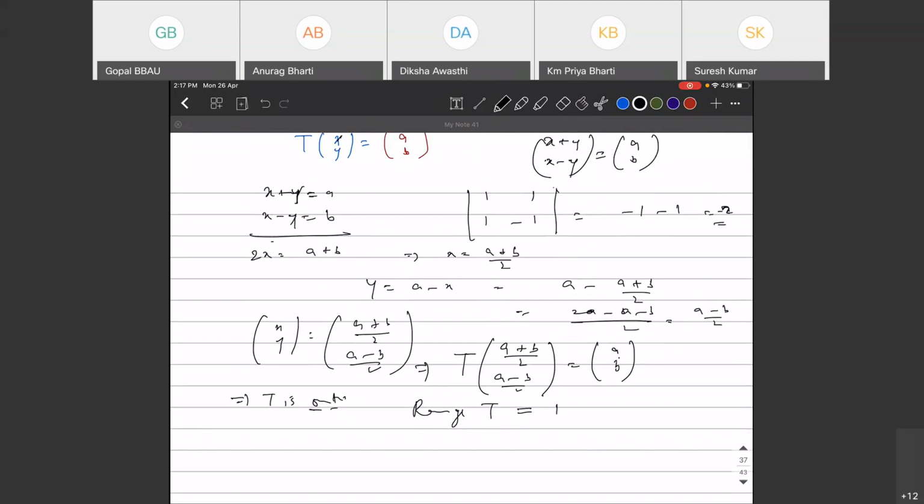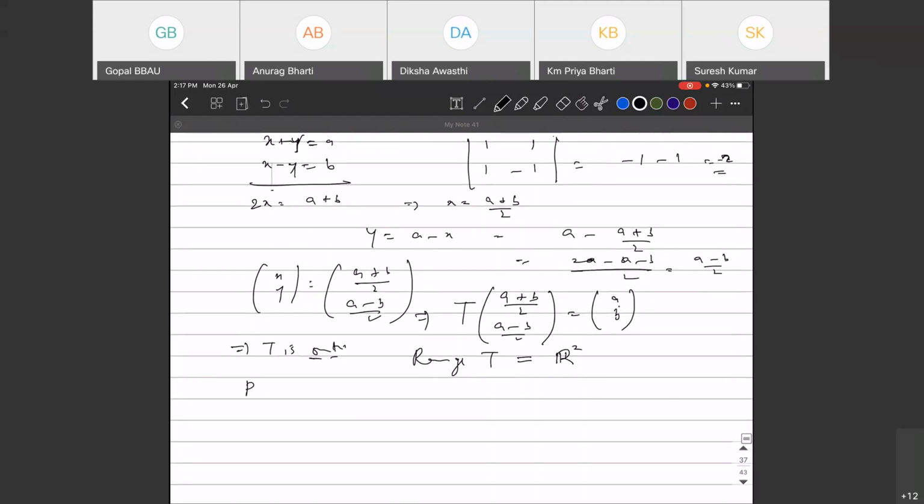R2, because R2 is the codomain. Okay. So what will be rank of T? 2. Rank of T is dimension of range of T. That is 2. Correct? Okay. Next question.